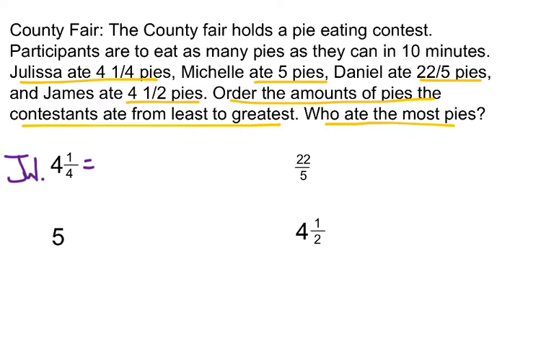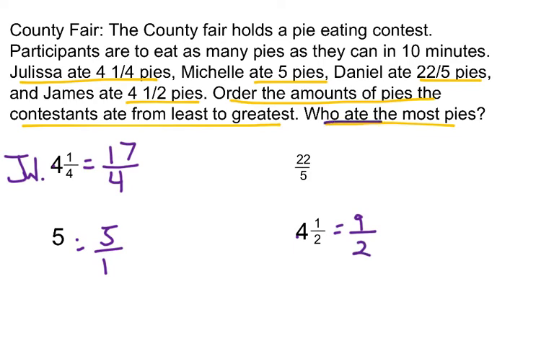So in order to turn it into an improper fraction, we of course need to multiply 4 times 4 plus 1. So 4 times 4 is 16, 16 plus 1 is 17, and we keep our denominator the same. 5, of course, is 5 over 1. 22/5 stays the same. And 4 1/2, 4 times 2 is 8, plus 1 is 9, is 9/2. So now we have our improper fractions.